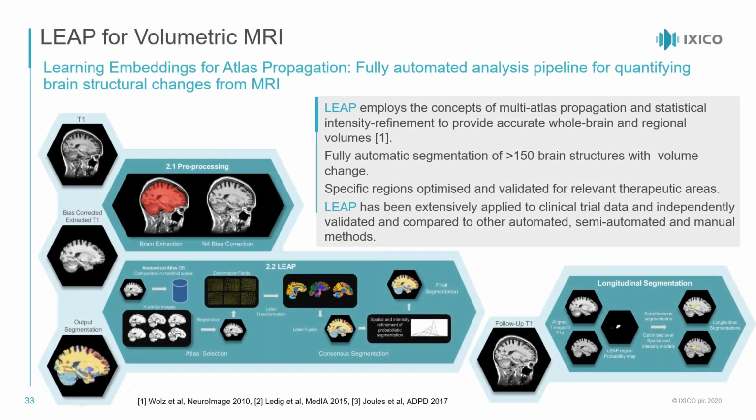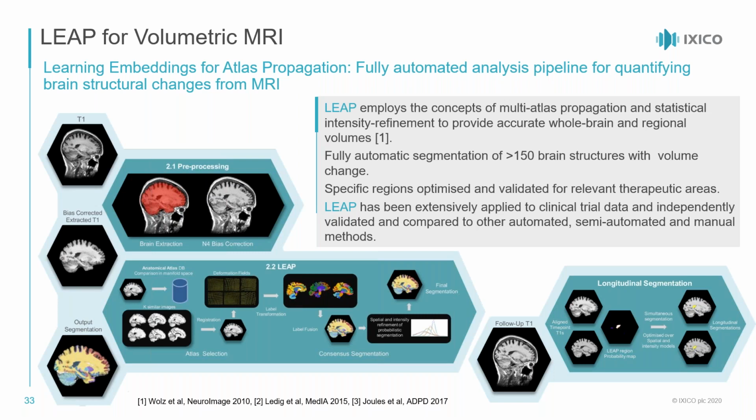At IXICO, we employ a fully automatic multi-atlas based approach called LEAP, which we've successfully deployed in several clinical trials over different therapeutic areas. In this pipeline, in brief, T1 images are pre-processed, skull stripped, and inhomogeneity corrected. Input images are then compared to a reference database of T1 images with pre-existing segmentations for the region of interest or the parcellation schema.